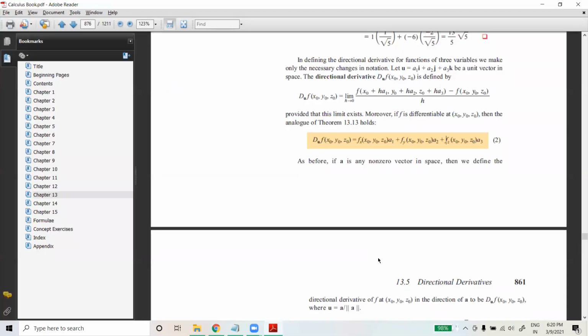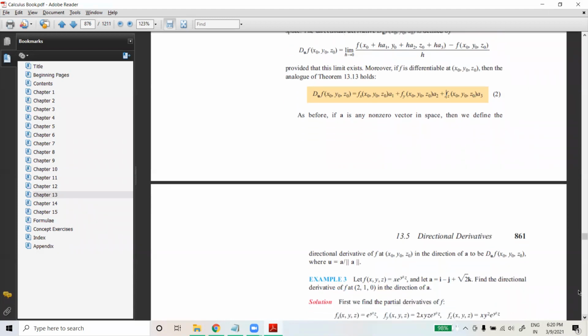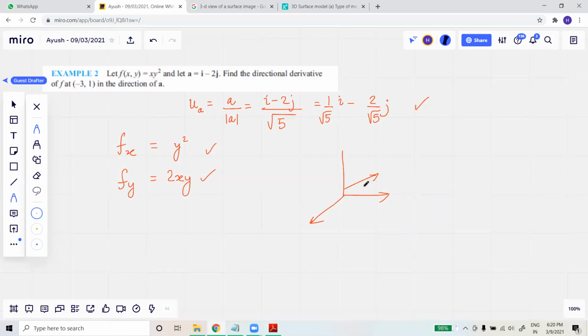And the directional derivative along that vector is the change of the function f. I think you cannot draw it. Basically the function at this point x, y, z is some w, and the function at the other point is some other value w, and you are just finding the change divided by the distance h.